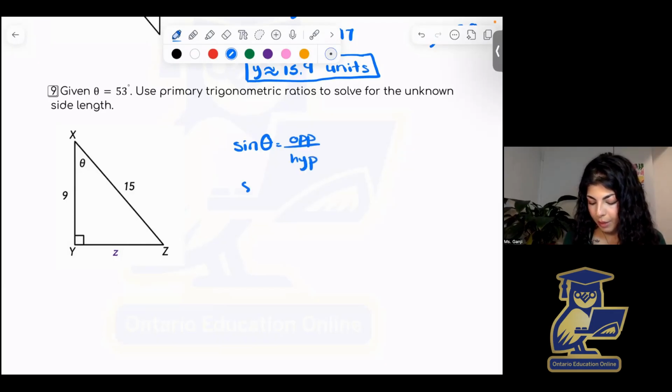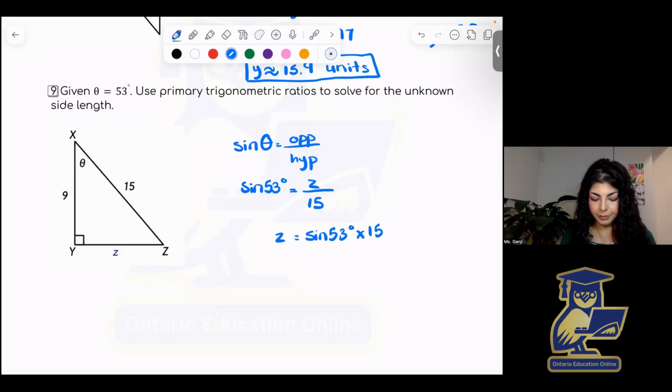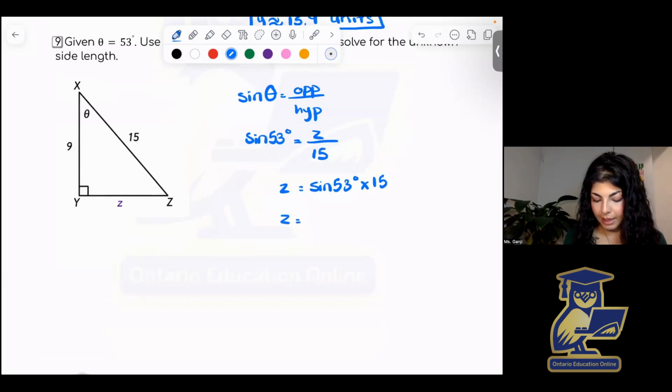In this case, it'll be sine of 53 degrees is equal to Z over 15. And so Z is equal to sine of 53 degrees times 15. And we get, in this case, Z is approximately 12, just 12 units.